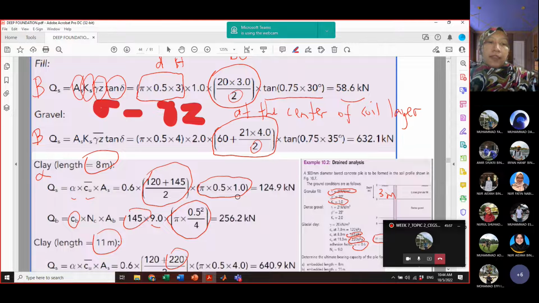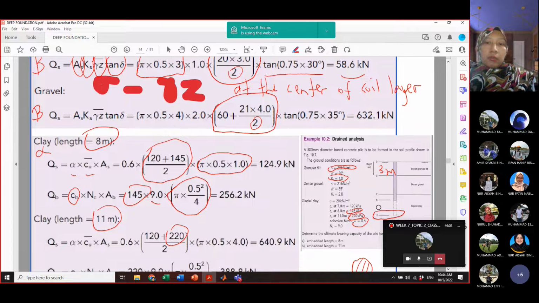For the clay, at the depth of 8 meters, there are two values giving different CU, so at this time you have to get the average CU: the average CU at 7 meters and at 8 meters. The CU at 7 meters is 120 kPa and at 8 meters is 145, so you divide by 2.